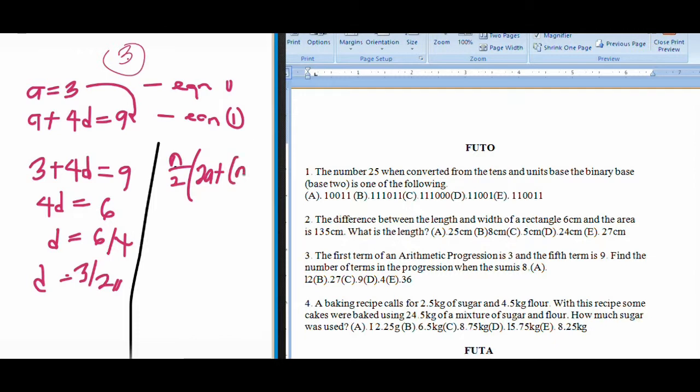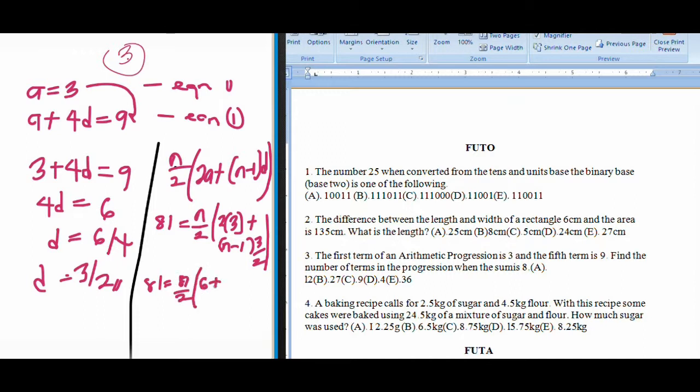Now, if the sum is given as 81, that is 81 will be equal to n over 2 into 2 into 3, because our first term is 3, then plus n minus 1 times 3 over 2. Okay? Now, opening the bracket, we have 81 equals n over 2 into 6 plus 1.5 n minus 1.5.